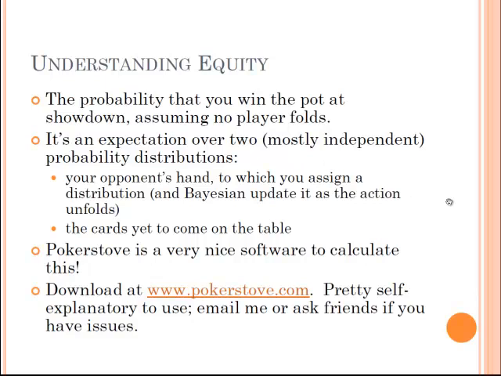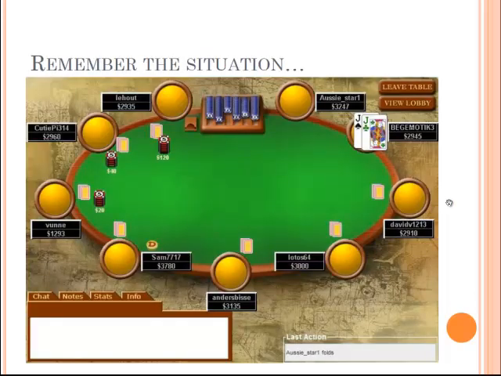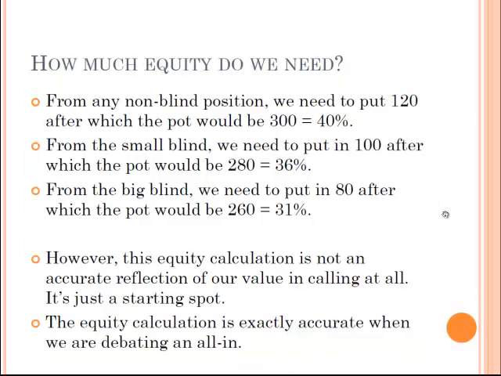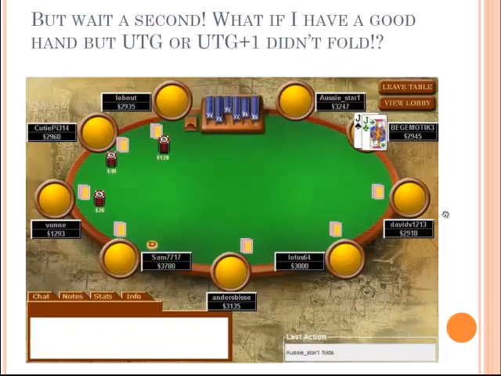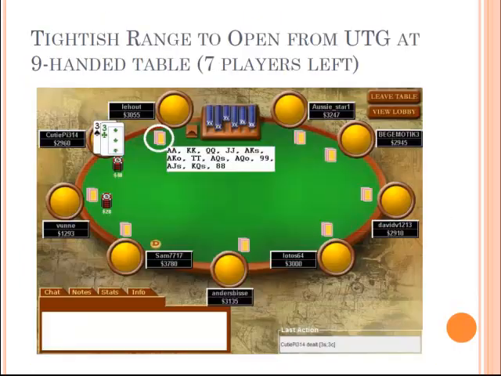Okay? So remember the situation. You have pocket jacks here, and I told you what under the gun's raising range should be, right? Your opponent might not be playing exactly to that range, but assuming they're somewhat competent, you can assume their range will be approximately what I wrote down, the range that I gave you back up here.